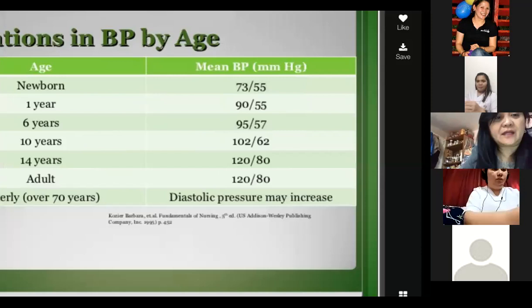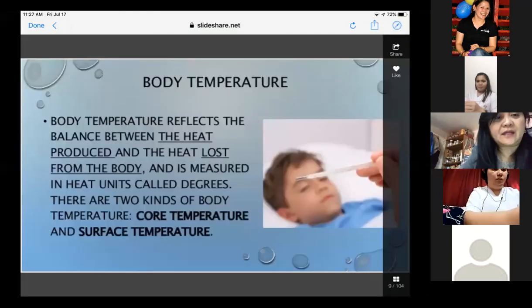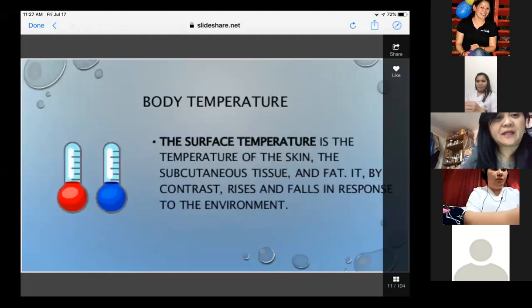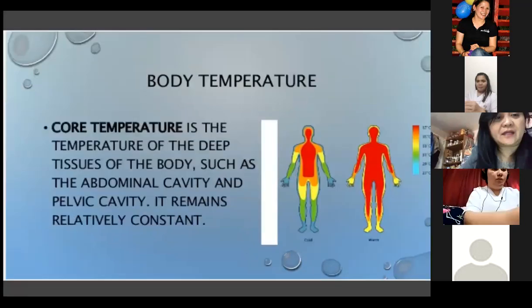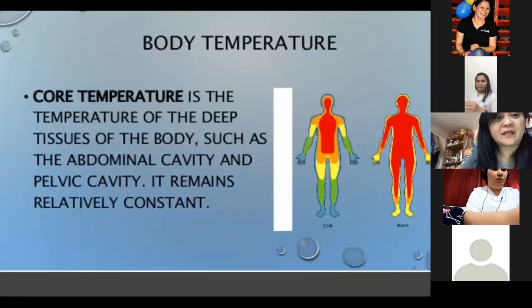I have something to add regarding body temperature. Our core temperature, which is the temperature of the deepest tissues of our body, such as the abdominal cavity and pelvic cavity, is relatively constant.